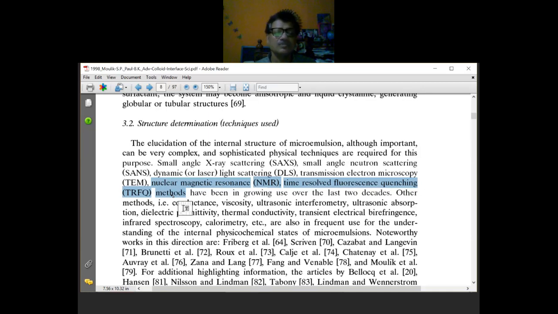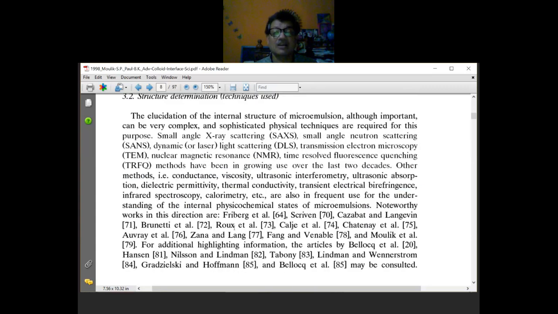Palisade. What are the other methods that are used in characterizing the microemulsion? Other methods include, what are they? Conductance, electrical conductance, viscosity, because when I discussed about the nanomaterials, I told that the microemulsion droplets are not static entities. They are very dynamic. They can conduct even if I take water in oil microemulsion.